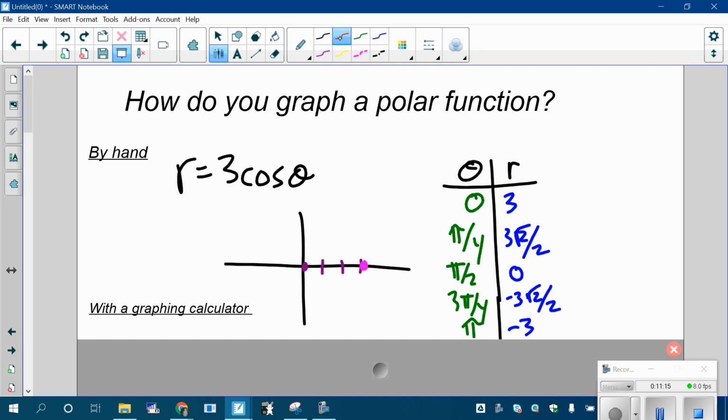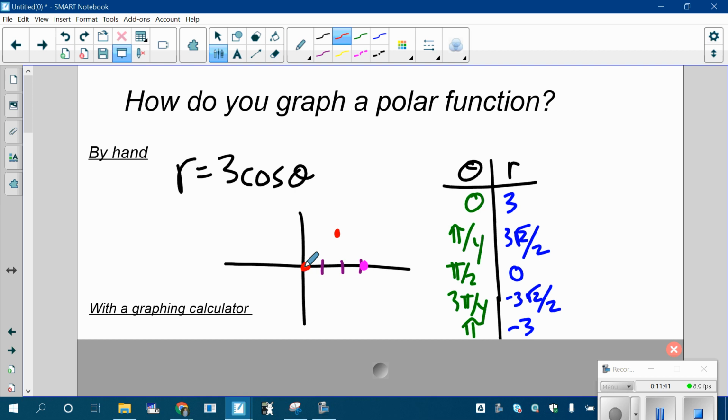And if I go to an angle of pi fourths, I'd go out 3 root 2 over 2. That's 1.5 times root 2. Root 2 is like 1.4, so 1.5 times 1.4 is 2-ish. So I go to pi fourths and I go out roughly 2. I go to angle pi halves and I go out 0.